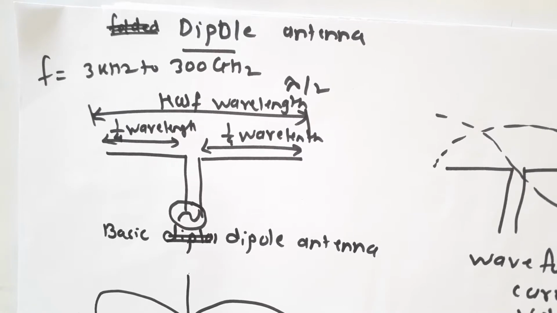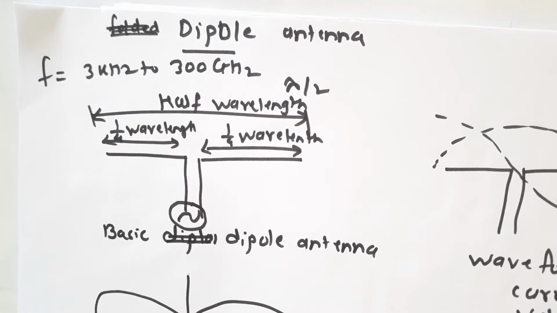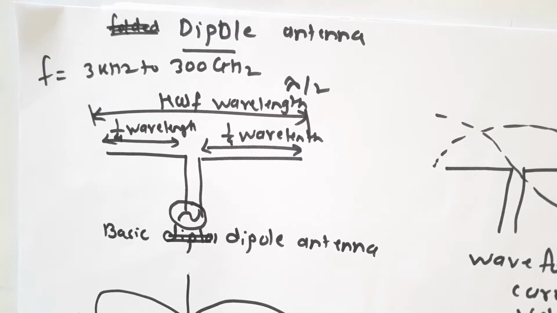So what will be the wavelength? The wavelength of these antennas in meters is 10 to 1 meter, 1 to 0.1 meters, and 10 centimeters to 1 centimeter.